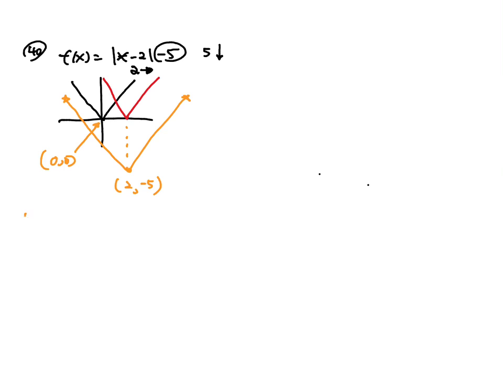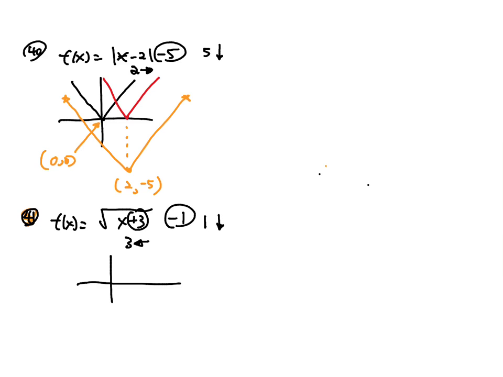Okay. 41. It's f of x equals square root of x plus 3, minus 1. So from here we know this is 3 to the left. This is 1 down. So my original graph will look like this for the square root. 3 to the left, 1, 2, 3.